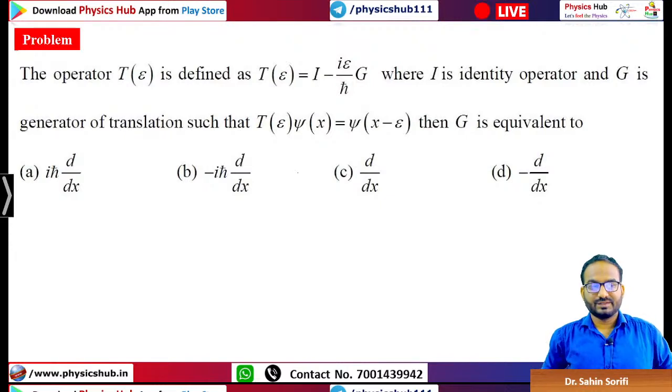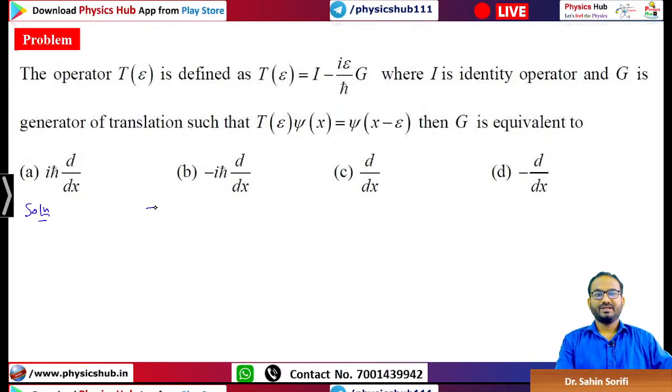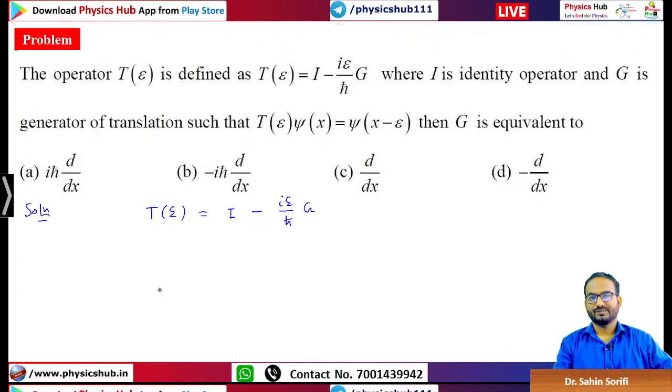Now do this one. T of epsilon is the operator given by I minus I epsilon by h cut times G. I is the identity operator and G is the generator of translation. So you have to find out the value of G.